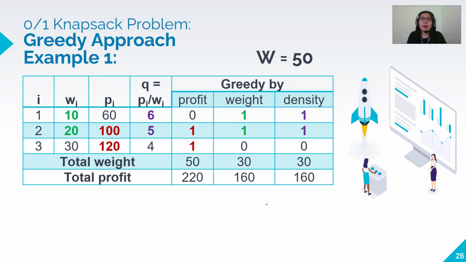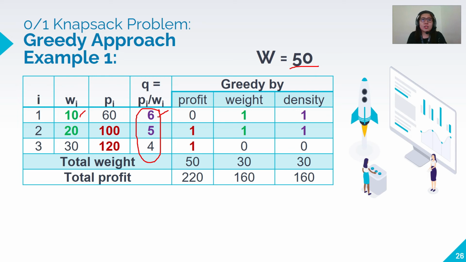We have greedy by density. For greedy by density, dito naman tayo magko-concentrate. We will get first the largest profit density. So, the largest profit density is 6. Consider again the weight, which is 10. So, it is lesser naman dun sa W natin.